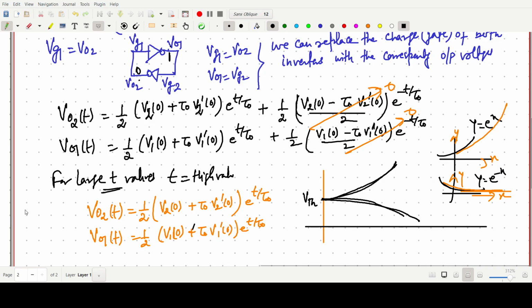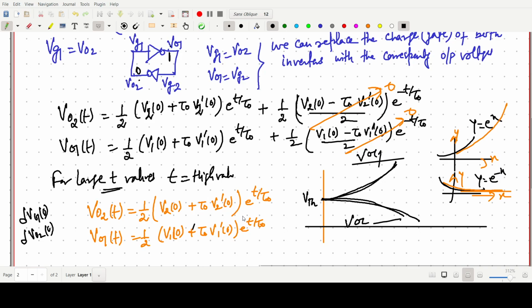If there is a change dV naught 1 and dV naught 2, the output voltages of both inverters will diverge from their initial value, that is the unstable point VTH, to either VOH or VOL.